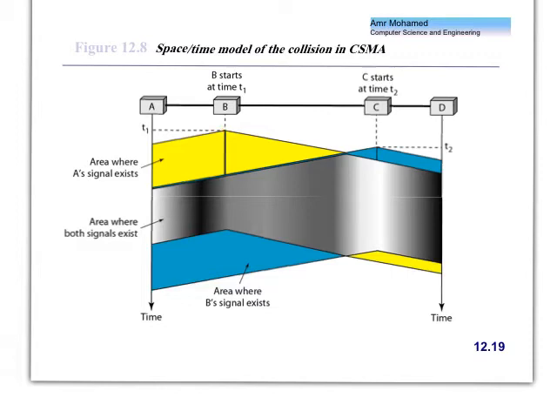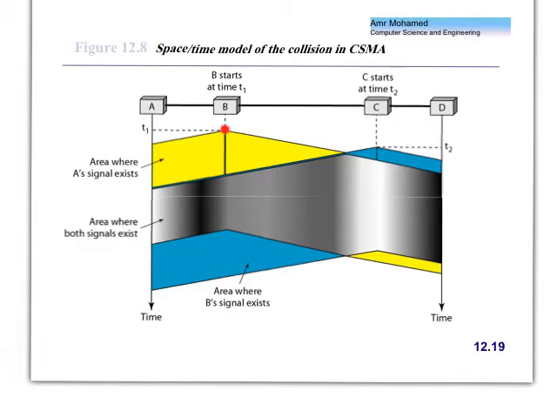Why? Because at this point in time, B will send the first bit of the frame. Remember, what we are trying to send is a signal. And the signal propagates through the cable with a speed of 3 times 10 to the power 8, which is the speed of light. This is the maximum speed.